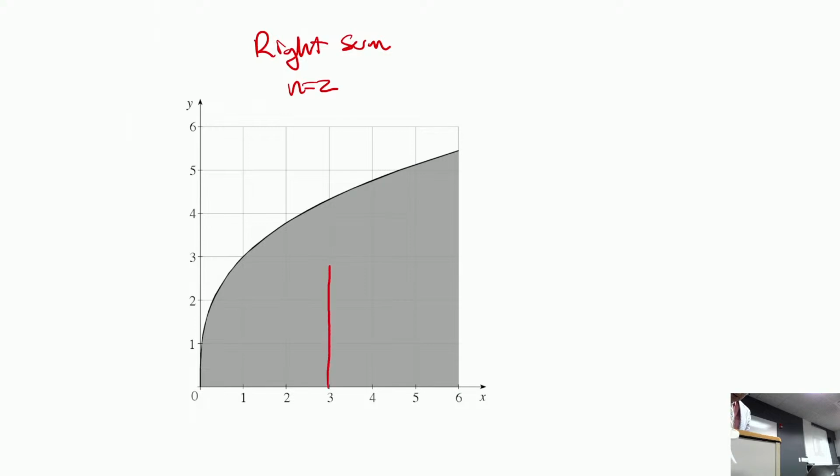Okay, so here are sort of the lines that we're going to draw, but notice that this rectangle between 0 and 3 will touch its upper right corner instead of the upper left corner. So the right sum, you're touching the upper right corner, left sum, it's the upper left corner.